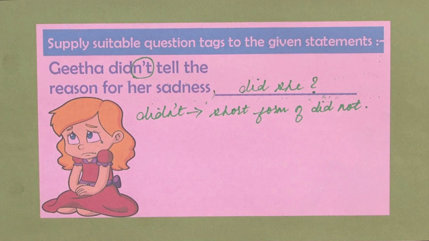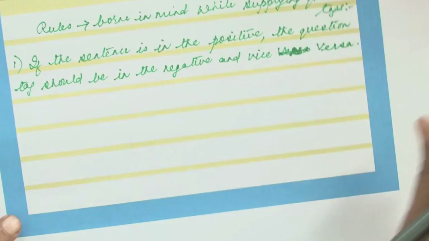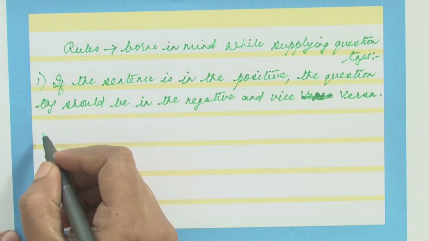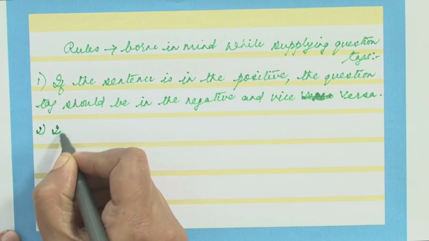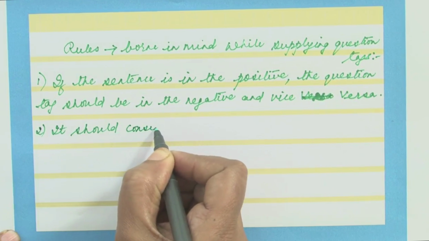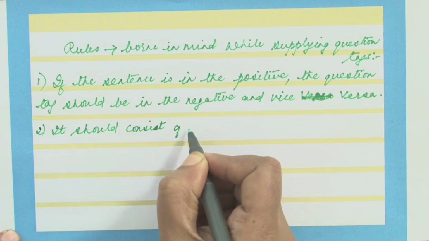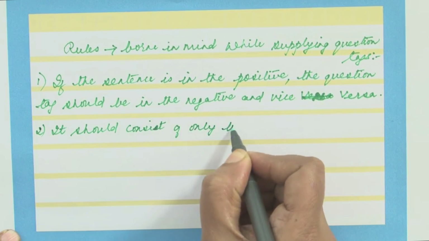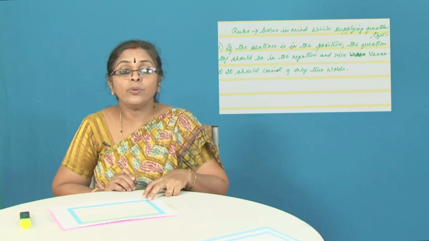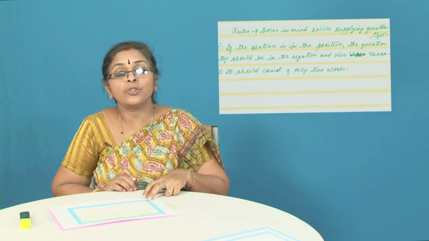That is all. So, the second rule that you have to bear in mind is the question tags will consist of only 2 words. Now, why do I say that it should consist of only 2 words?